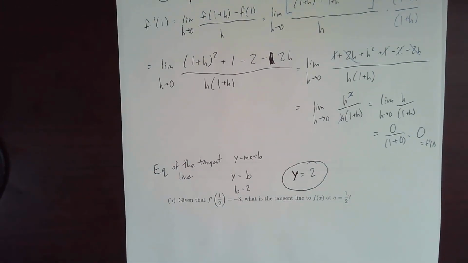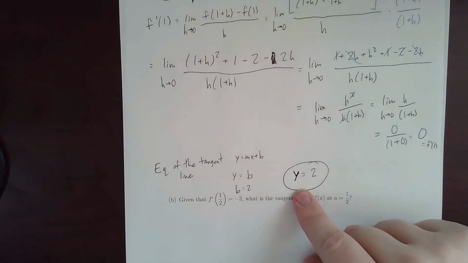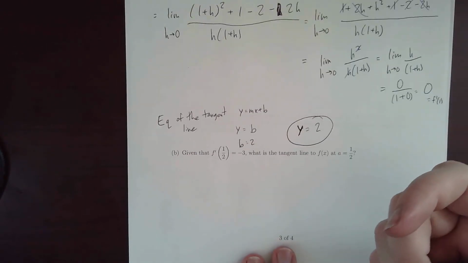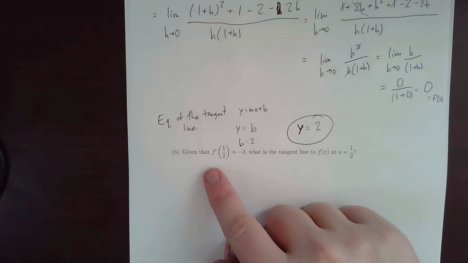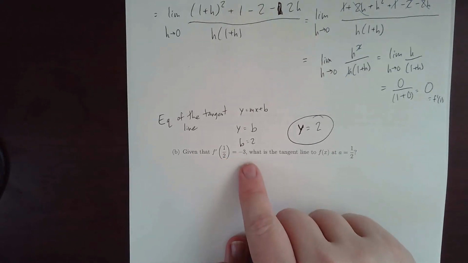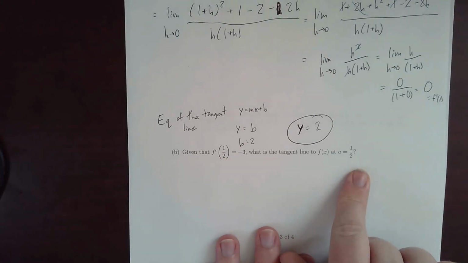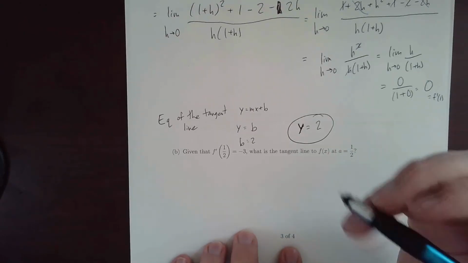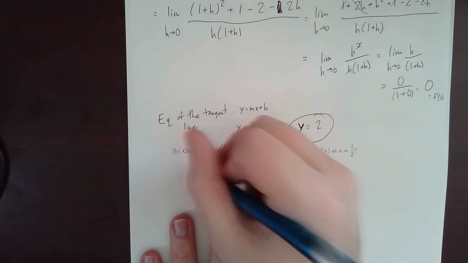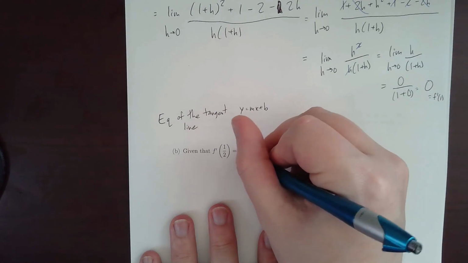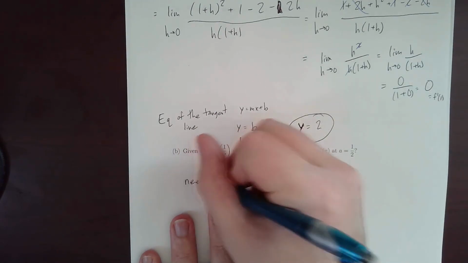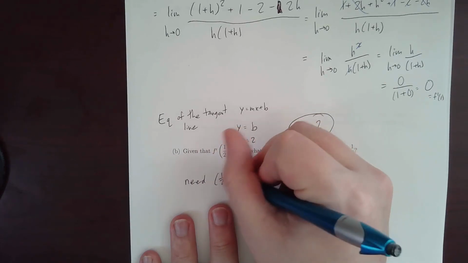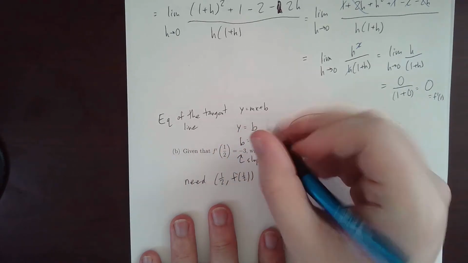Alright, so now we've got this, so that's great. We can find a tangent line's equation. So given that the derivative of the function f at 1/2 is -3, we want to know what the tangent line for it is going to be. So again, we need just the slope. So we found the slope of the line. But we still need the point (1/2, f of 1/2).